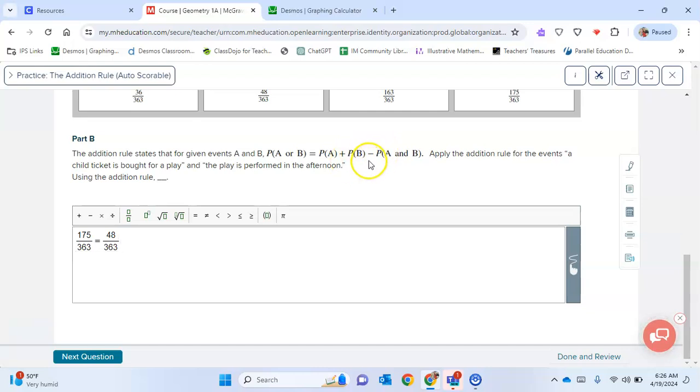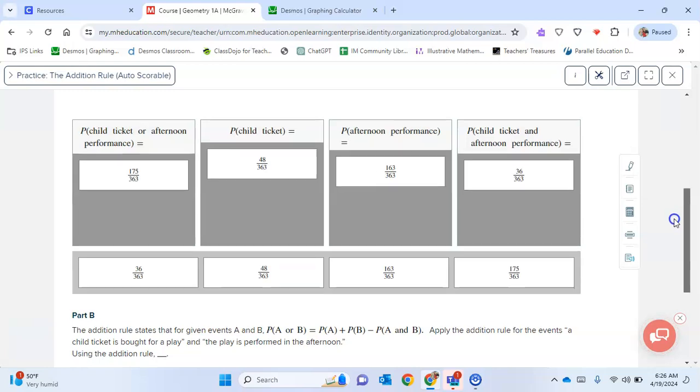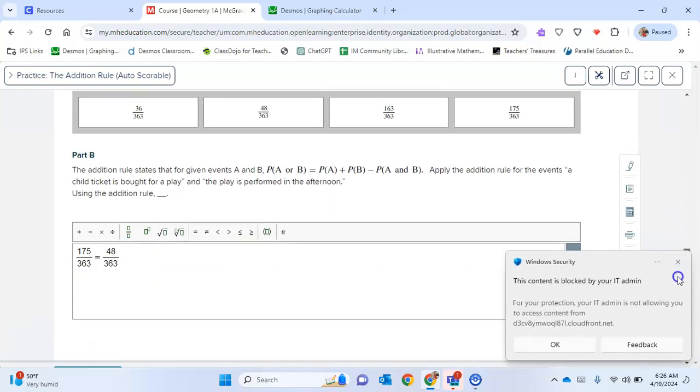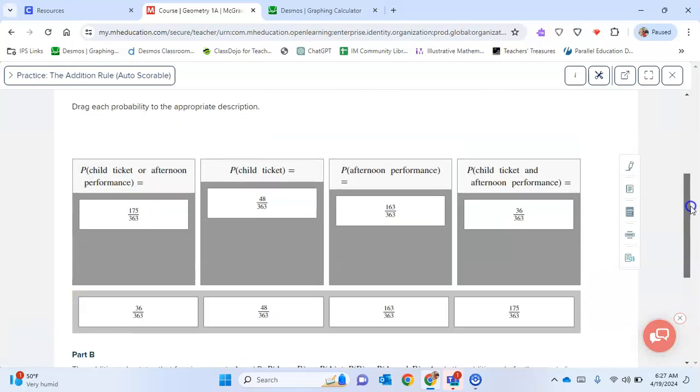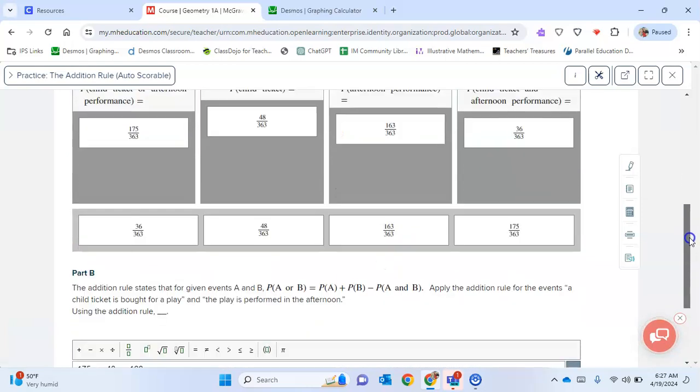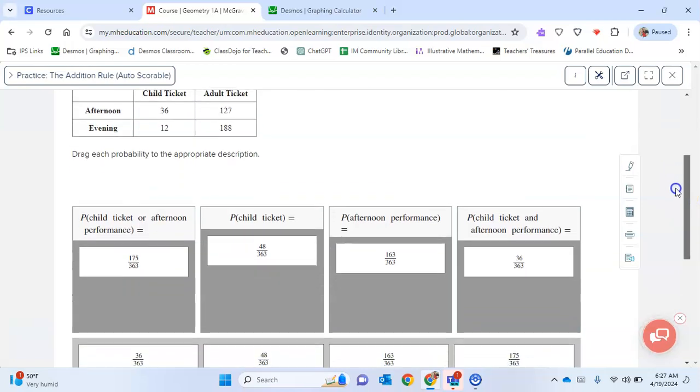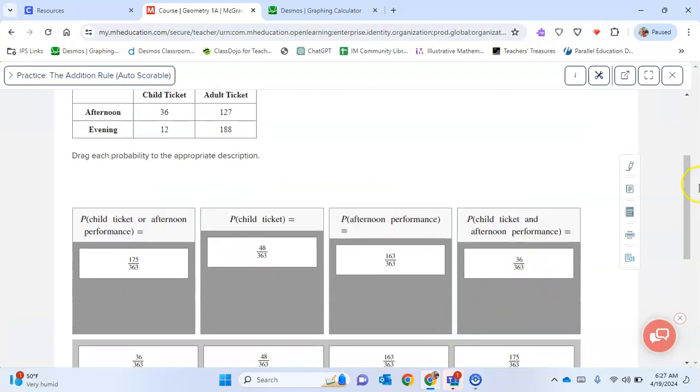Plus the probability of B. The probability of B was 163 over 363. Minus the probability of A and B. And that was 36 over 363.